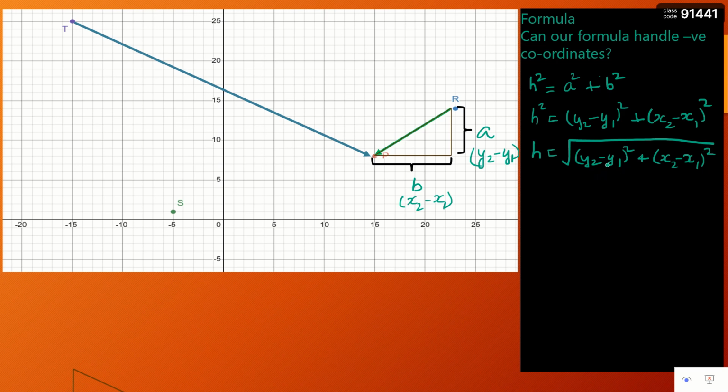Many a time I've seen students simply say, oh, we're taking a square root, but we're also squaring, so let's just remove the square root and remove the square.